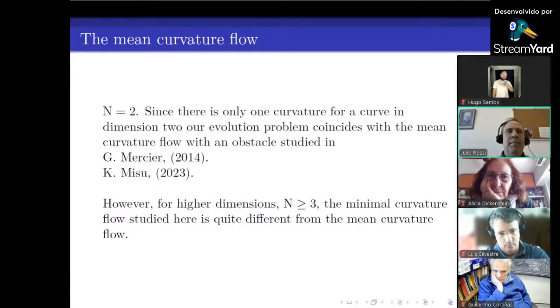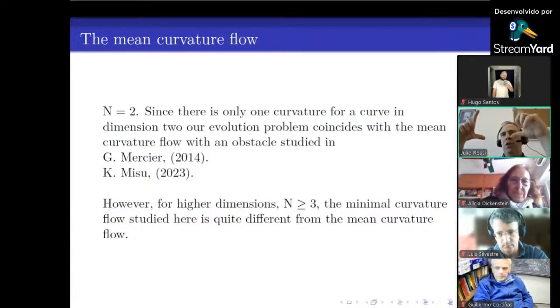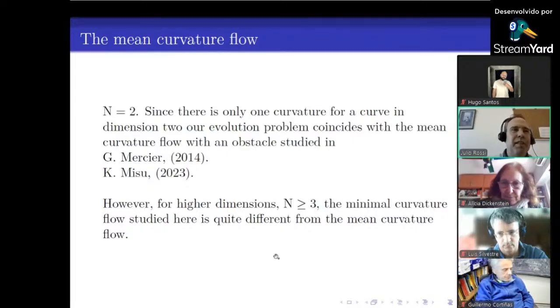So when you are in dimension 2, the evolution problem of the minimal curvature is the same as the mean curvature flow, also known as curve shortening flow, which was studied previously by Mercier and Misu, a Japanese author, in 2023.